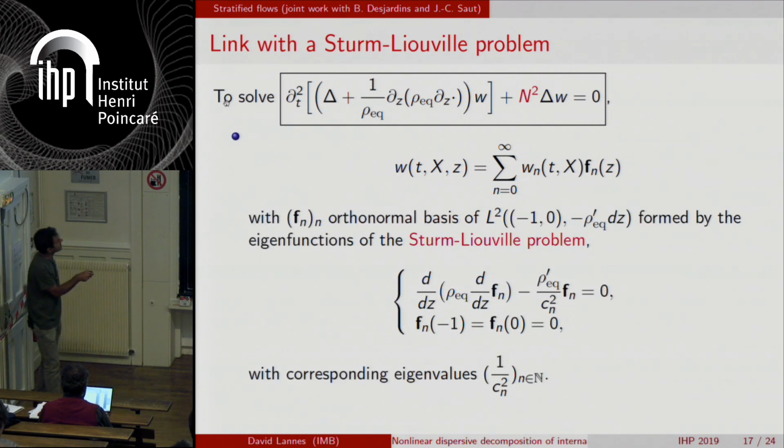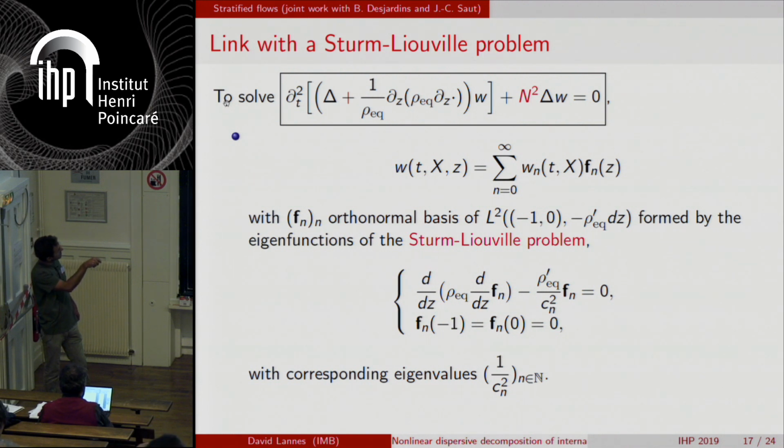And what are these vertical modes? Well, they are the orthonormal basis of L2 of the interval minus 1, 0. Actually, it should be minus h, the vertical depth, with this weight and associated to this Sturm-Liouville problem.